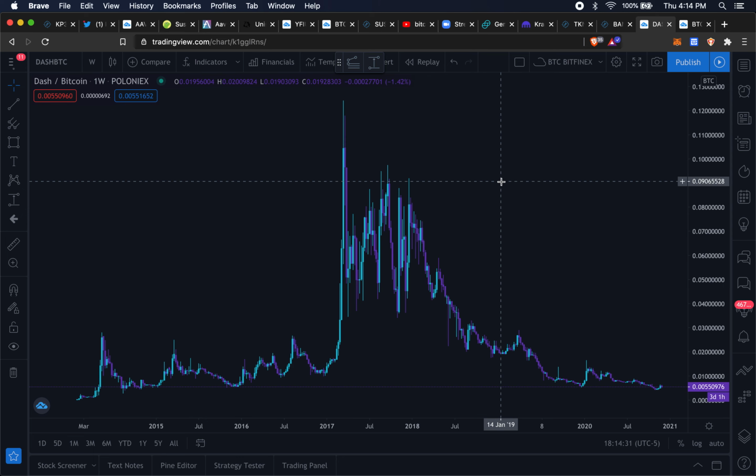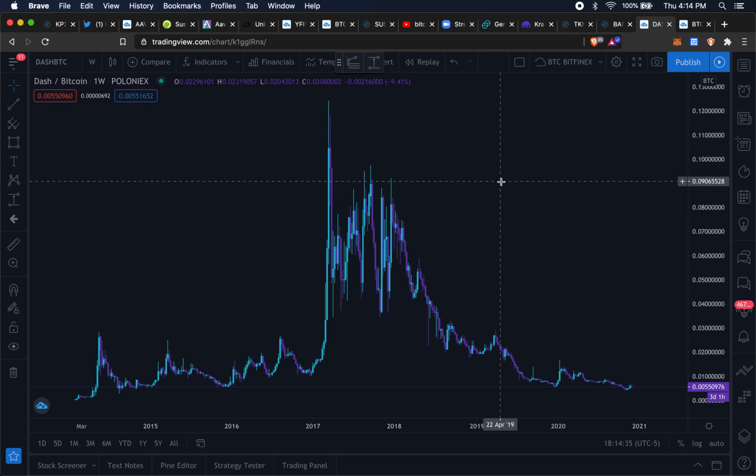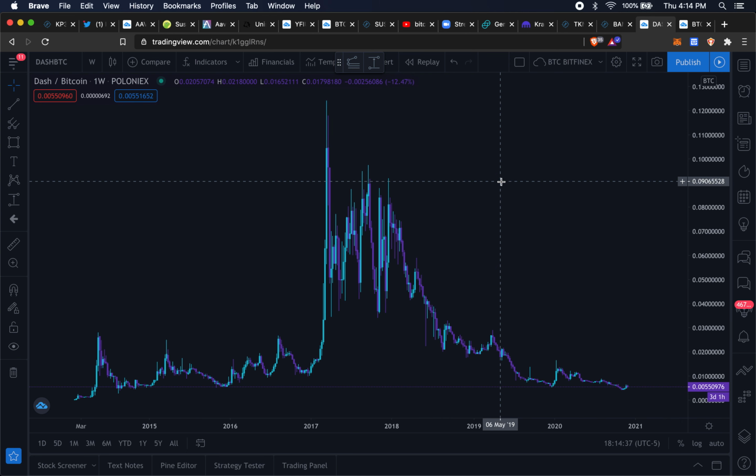So Dash is not the only example of that. There were many other projects that had even bigger moves. Ripple, Ethereum, Zcash, Stratis, I think. Strat was actually probably the biggest gainer of that cycle. I could have used that as the example.